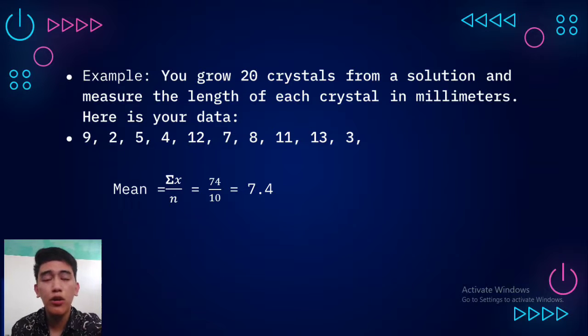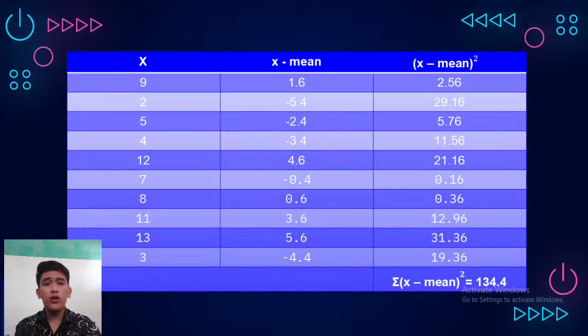And let's proceed to the table that we need in computing the variance. Okay, the set of values is x. It is 9, 2, 5, 4, 12, 7, 8, 11, 13, and 3. And let's compute the x minus mean. 9, ang ating mean is 7.4. 9 minus 7.4 is equal to 1.6. 2 minus 7.4 is equal to negative 5.4. 5 minus mean is equal to negative 2.4.